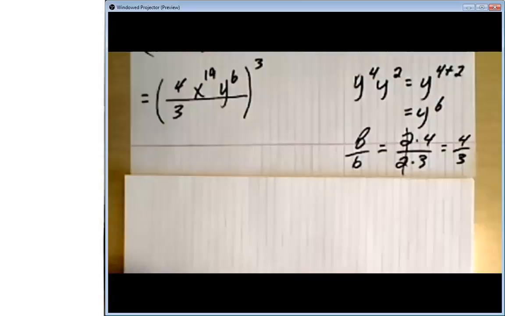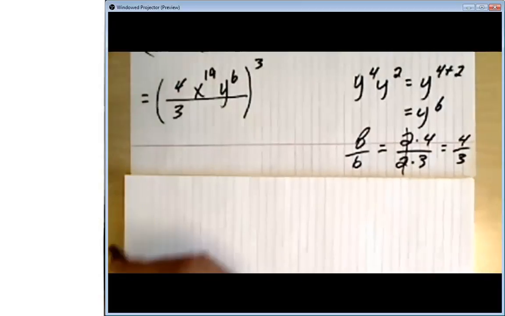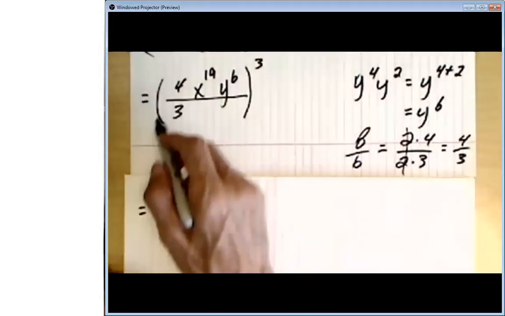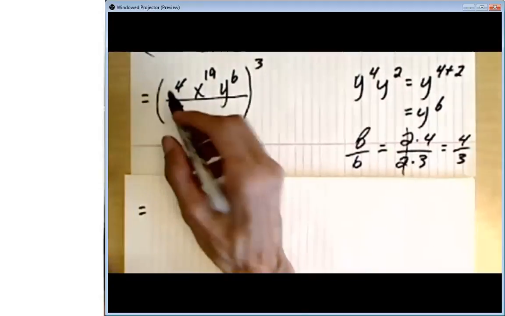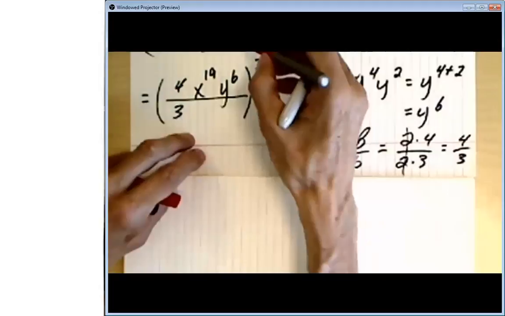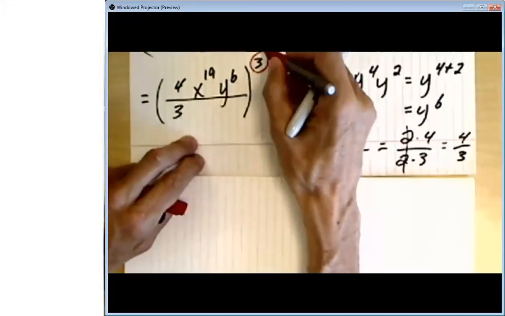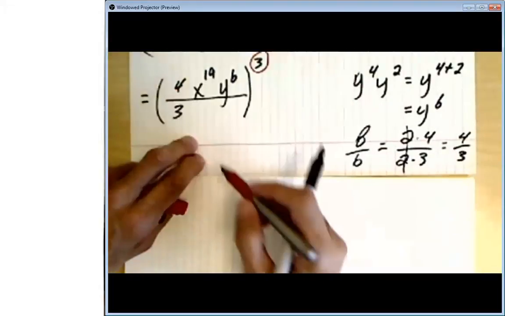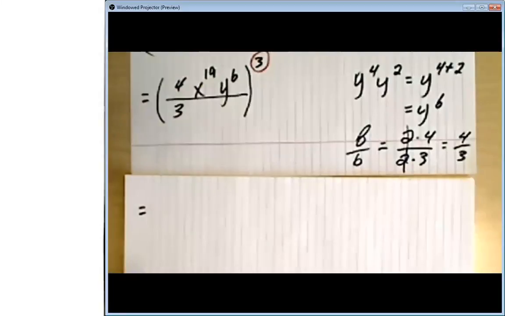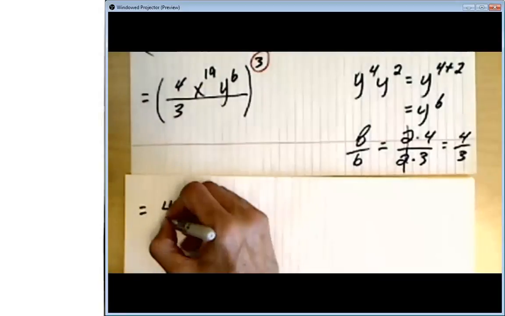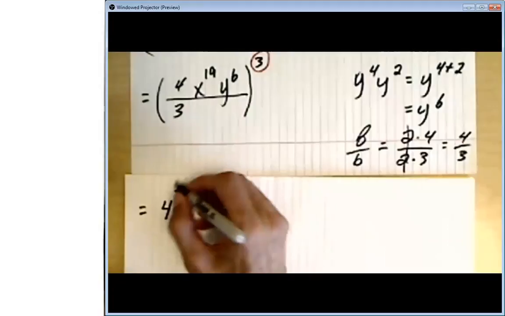Zoom has an idea about these 4s and these 3s. Check this out. This exponent 3 goes on everything. So I'm going to do this as a step here. The 4 gets the 3.